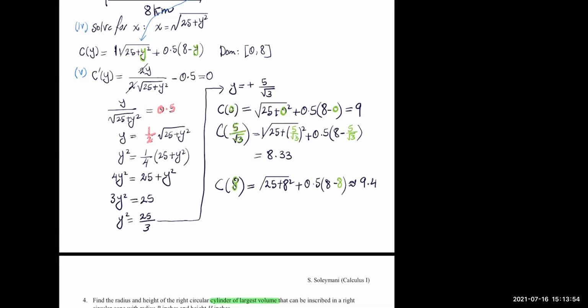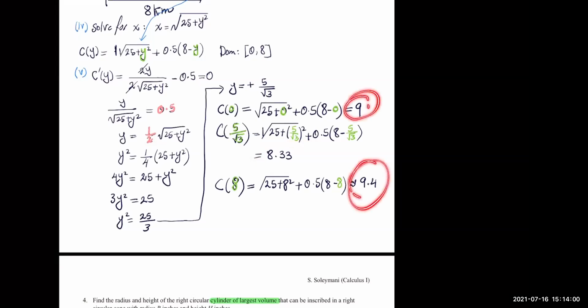Yeah, so obviously this is the smallest of 3. Now you see why I am plugging in the endpoints as well as the critical value. This gives you a lot of good information.